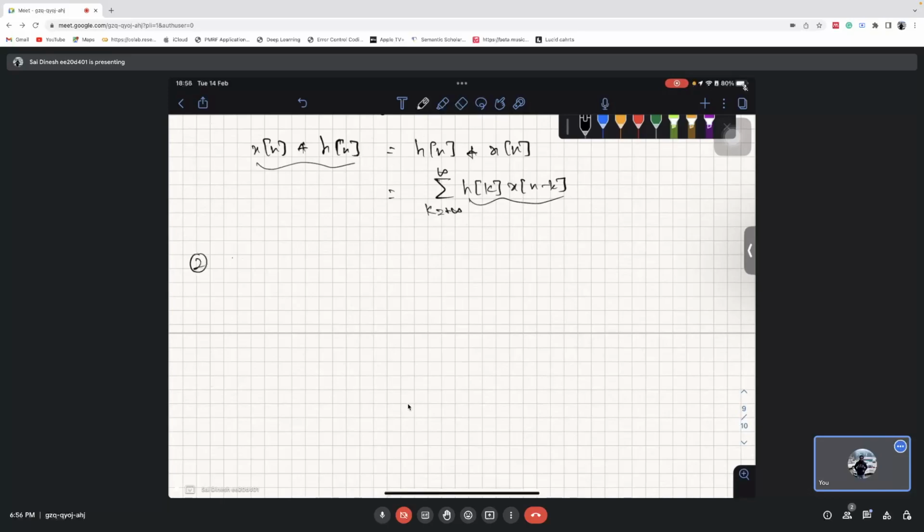The next is the distributivity property.